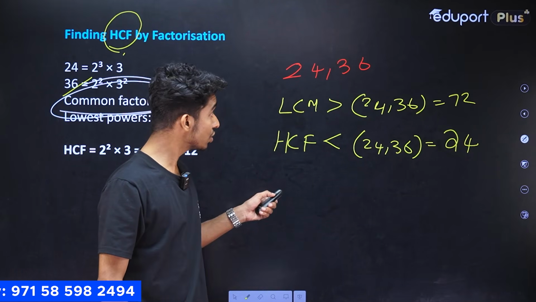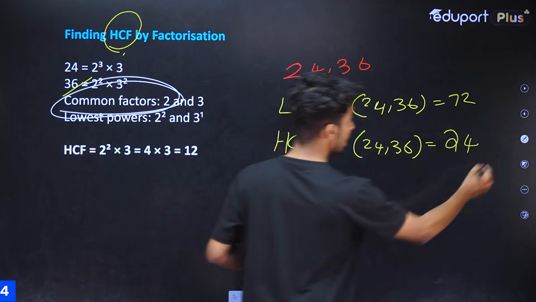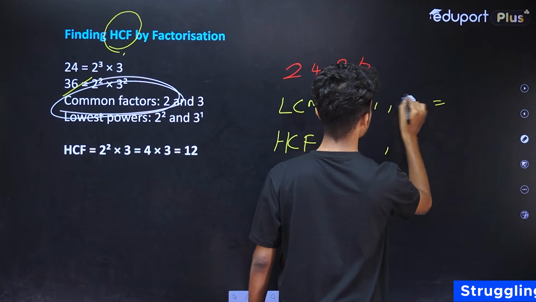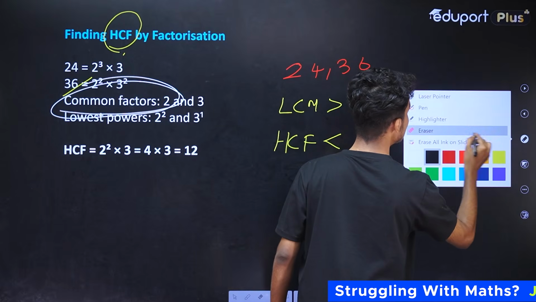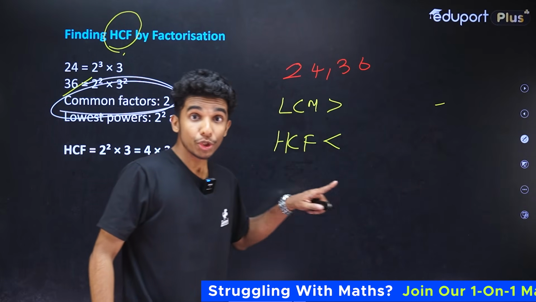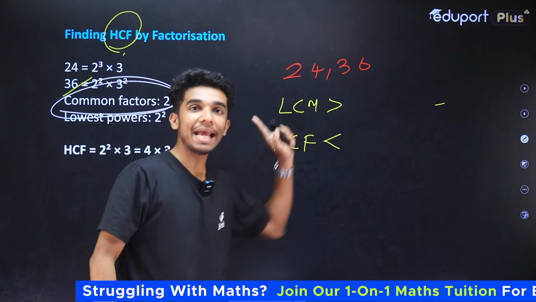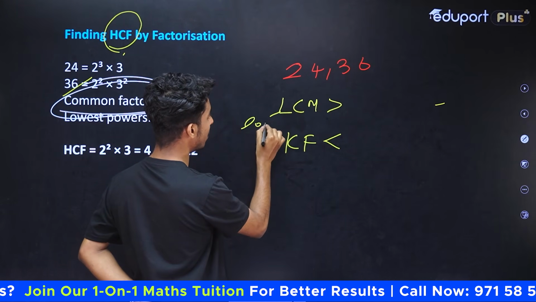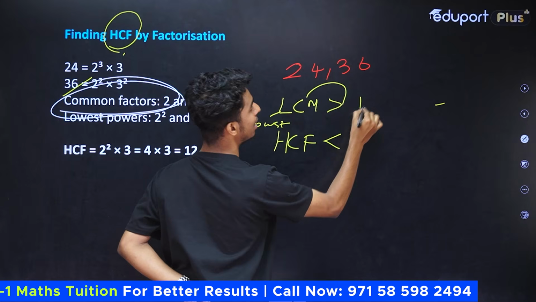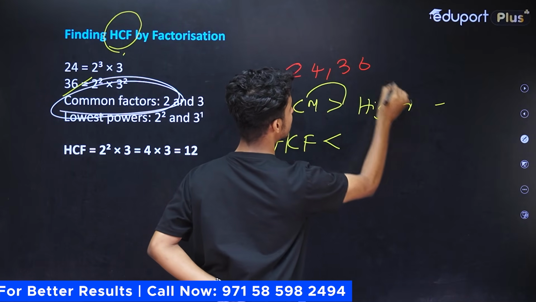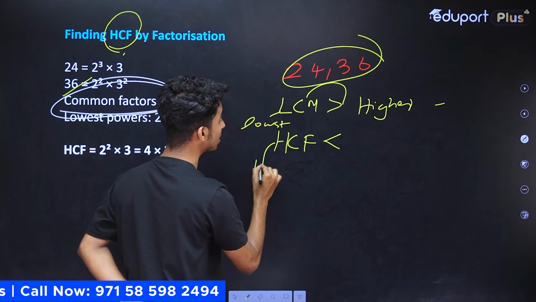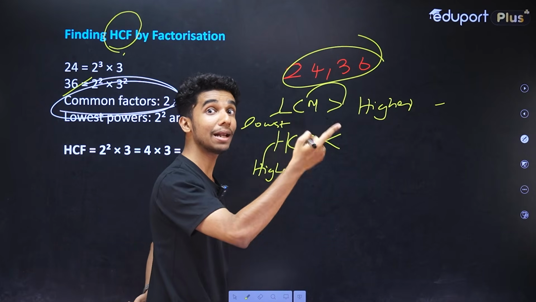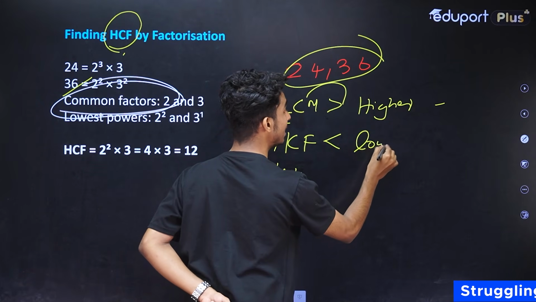Remember the shortcut: the LCM of two numbers will be greater than those numbers. The lowest common multiple will be a higher value than these two numbers. The highest common factor will be a number lower than these two numbers.